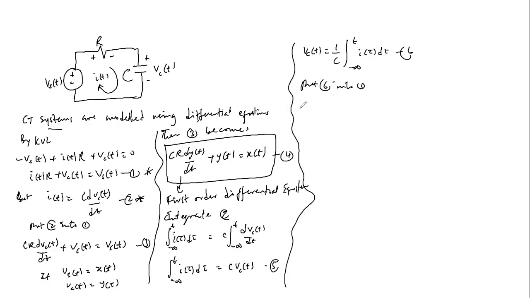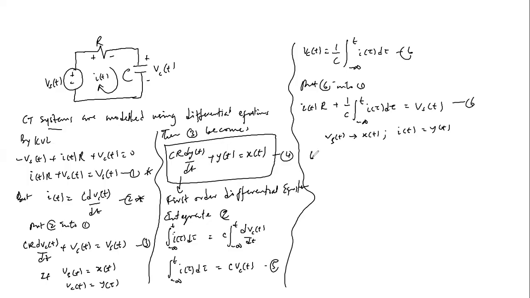I'm going to get i of t R plus 1 over C integral from negative infinity to t of i of tau d tau is the same as Vs of t. So this time, let's say Vs of t is the input and i of t is the output.